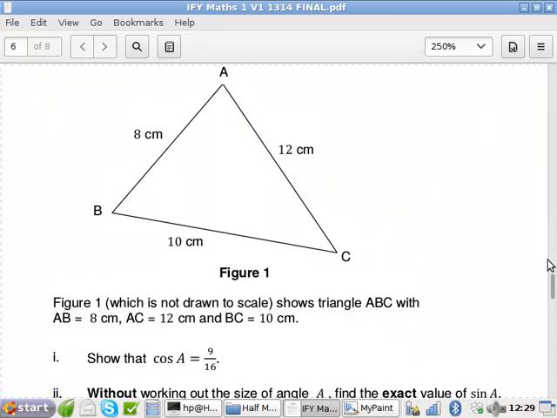So the first thing is to calculate cos A. Now, we don't have any angles and we have all the sides. So is this a sine or cosine rule? And I give you a clue. Look at what they want. Cosine rule. So use the cosine rule, please.